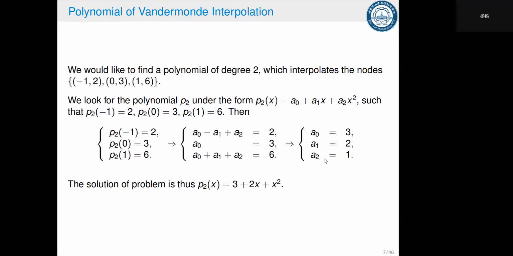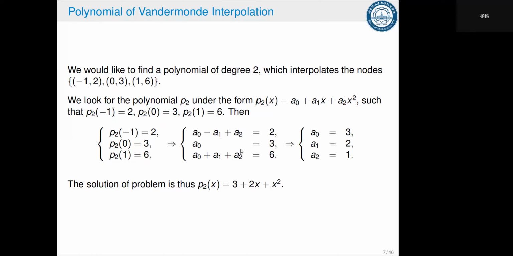Thanks to this, finally you find that p2(x) is equal to 3 plus 2x plus x squared. So I suppose this is clear for you.